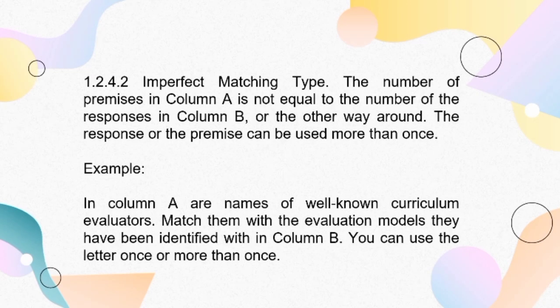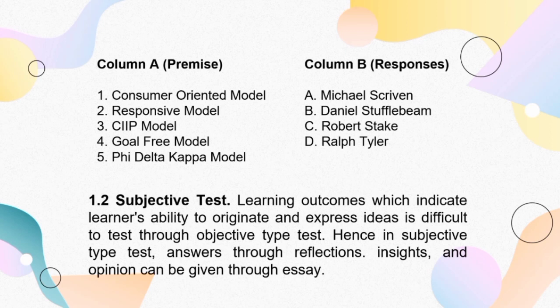Imperfect matching type. The number of premises in column A is not equal to the number of responses in column B, or the other way around. The response or the premise can be used more than once. Example: in column A are names of well-known curriculum evaluation models. Match them with the evaluators identified in column B. You can use the letter once or more than once.